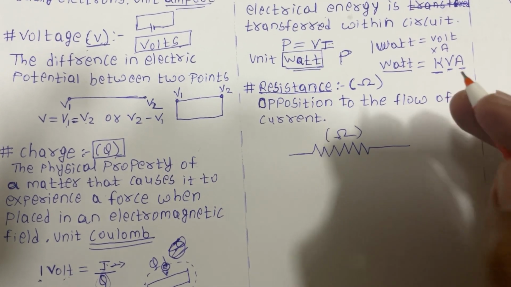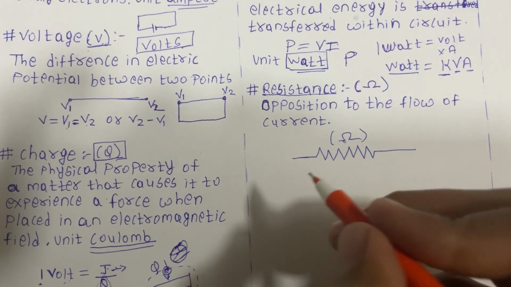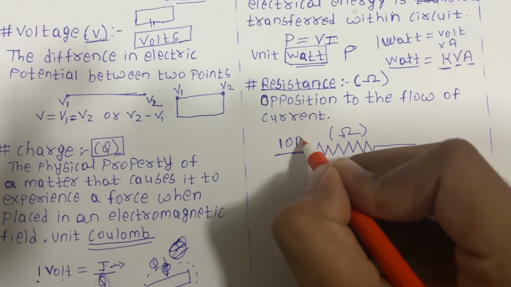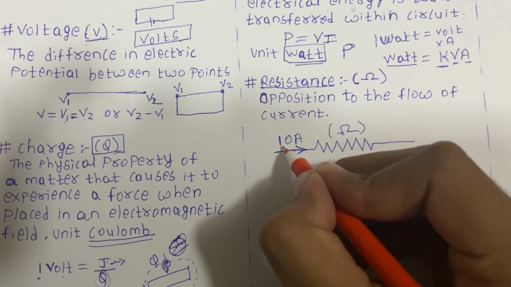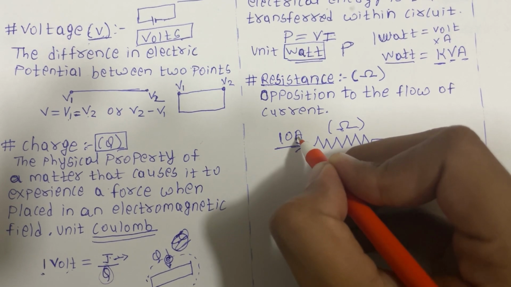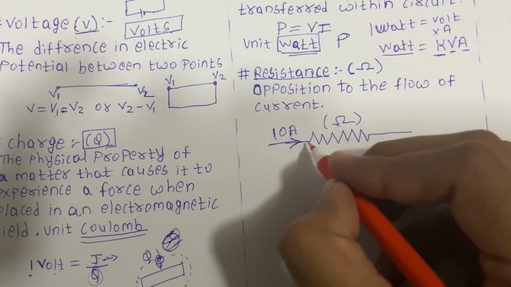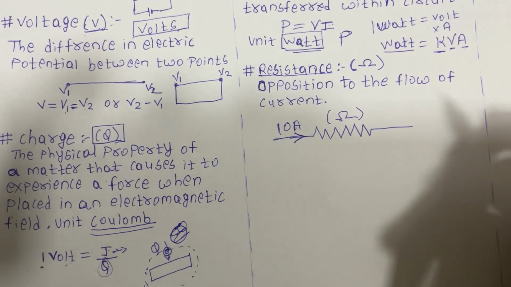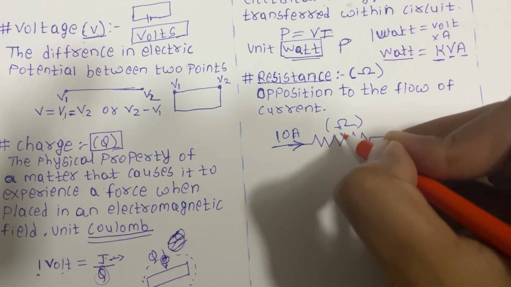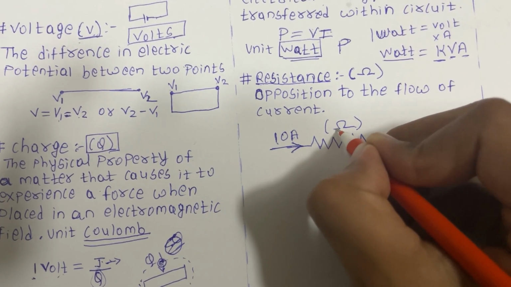What is meant by opposition to the flow of current? For example, if a 10 ampere current is flowing through a circuit having some resistance, not resistor, this element is the resistor, this is resistance.